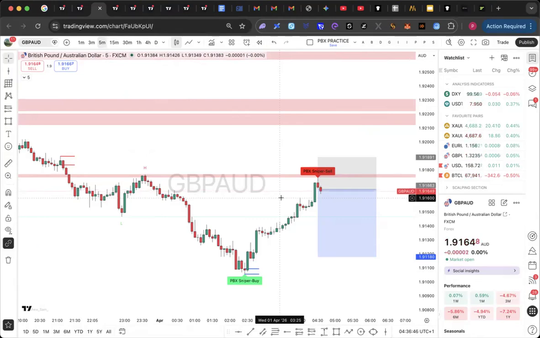My take profit, 1:2 risk reward, 1.91180 as my take profit. So now let's watch what will happen.